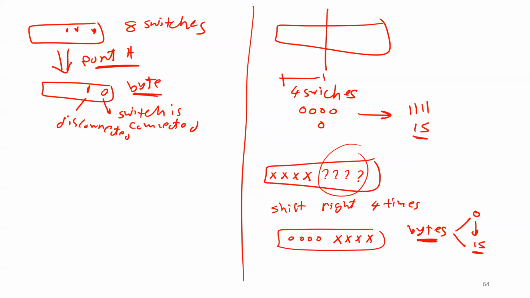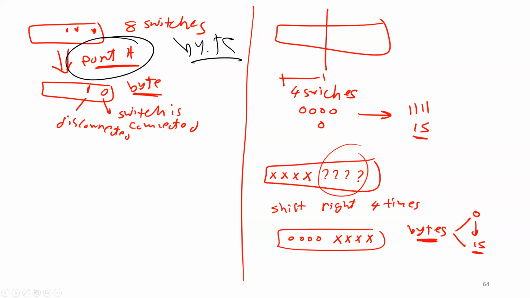Can you see these 8 switches? As I told you before, these 8 switches are connected to 1 byte. They are connected to port H, and port H is a byte.